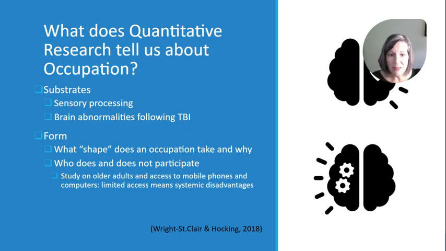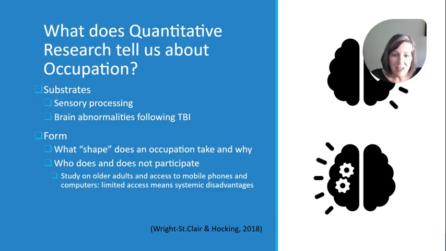So let's talk about substrates and form a little bit. Now, this isn't quite true to reality, but it's an easy way of thinking about it: quantitative research is most helpful when it comes to thinking about substrates and form of occupation. So quantitative research tells us a little bit about the things that are behind occupation, the substrates.